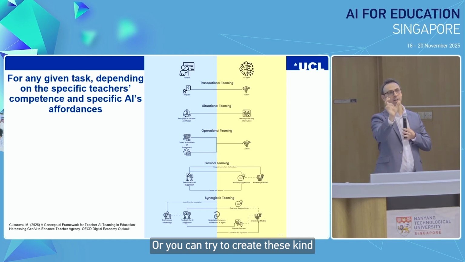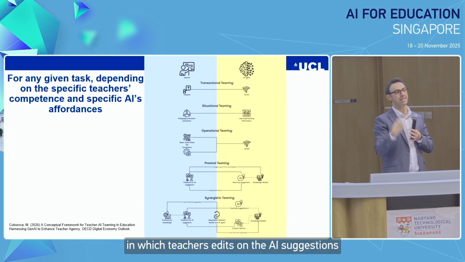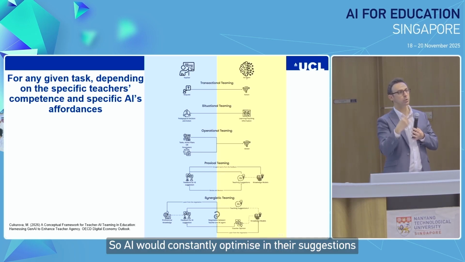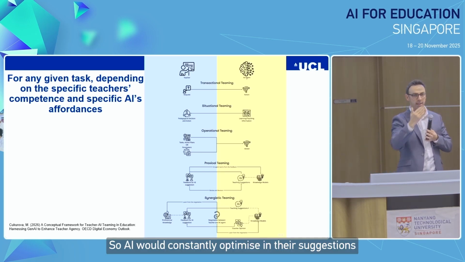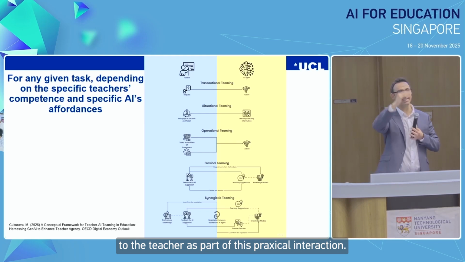Or you can try to create these kind of cyclic interactions between the teacher and AI, in which teachers' edits on the AI suggestions can be logged and fed back to AI, so AI would constantly optimize its suggestions to the teacher, as part of this praxical interaction.